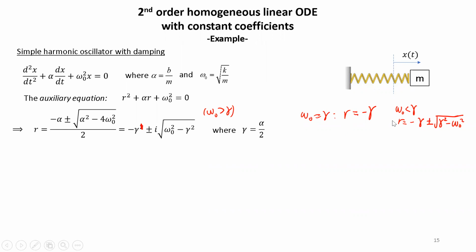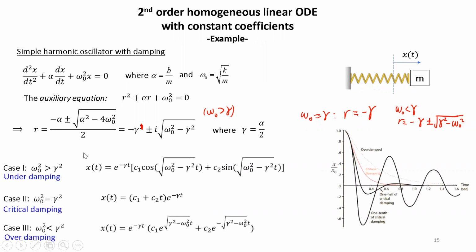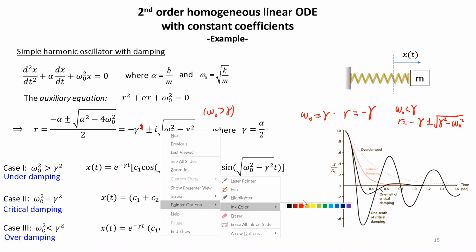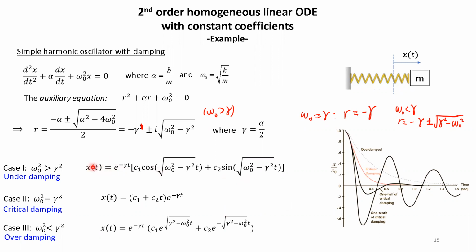So all three cases are listed here, and for these three different cases the solutions behave differently. In the first case, omega naught square greater than gamma square, where you have the complex root, your solution will look like this: exponentially decaying with a sinusoidal curve.